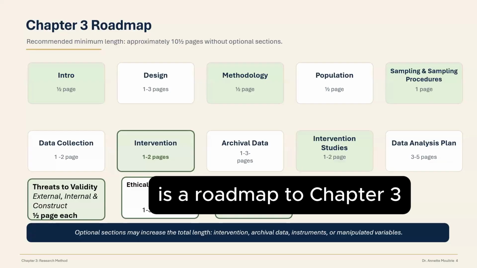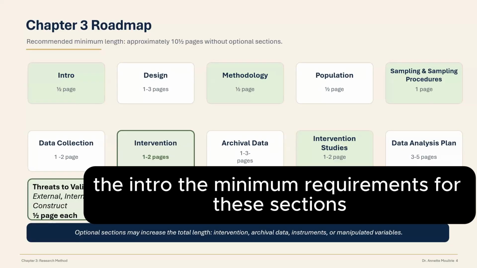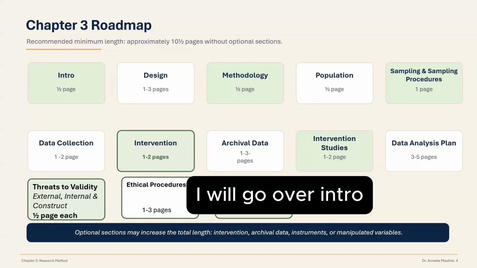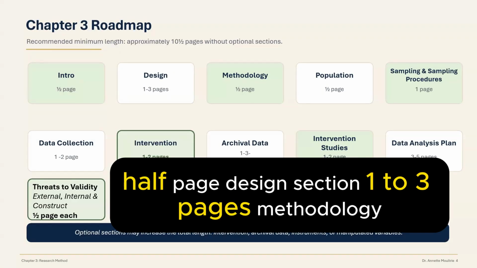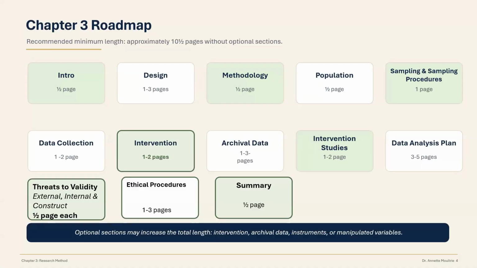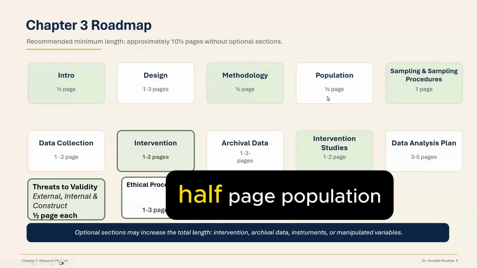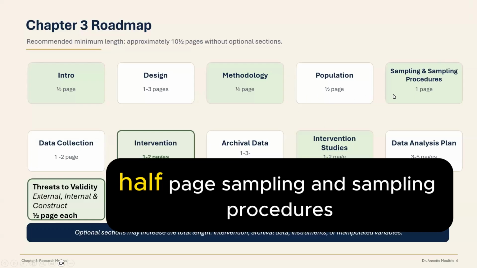Here you see is a roadmap to Chapter 3. The intro, the minimum requirements for these sections I will go over. Intro, half page. Design section, 1 to 3 pages. Methodology, half page. Population, half page.